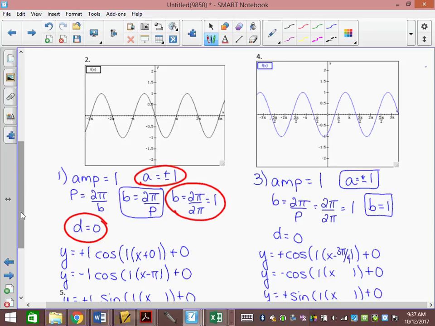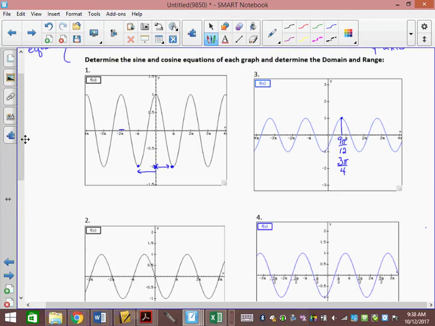For negative cos, we look for the closest, put those two together, what? Min. So the closest min is on the left. Let's say it's there.